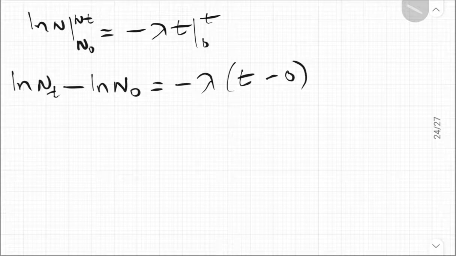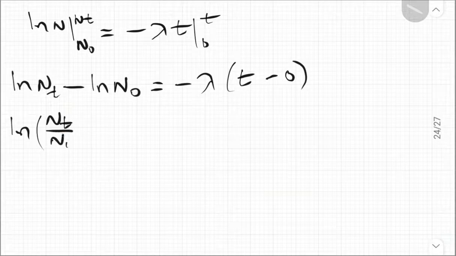So using the logarithmic property, we can combine this using the logarithm laws. So we have ln of nt over n naught. All right. Okay, so this is going to equal, of course, t minus 0 is just t, so we have negative lambda t, right? So we can raise e to both sides.